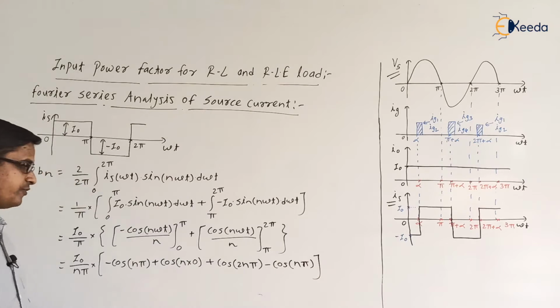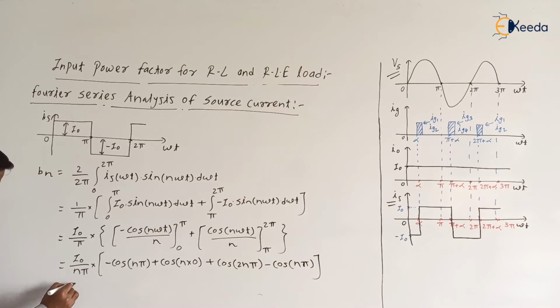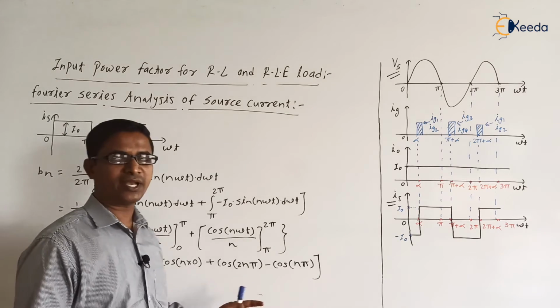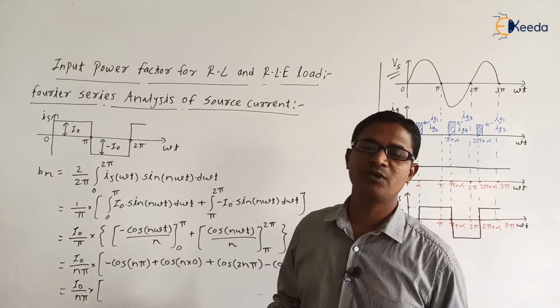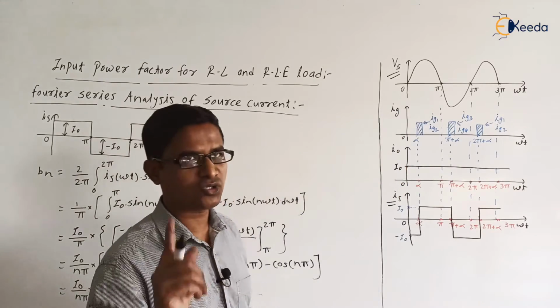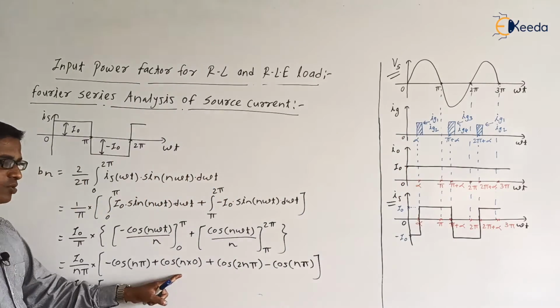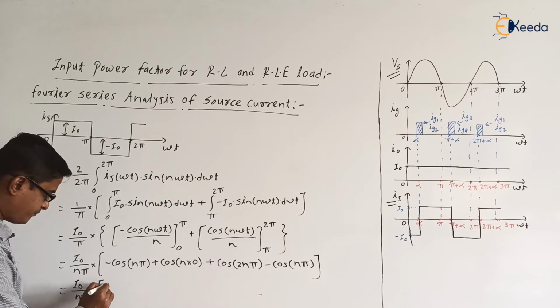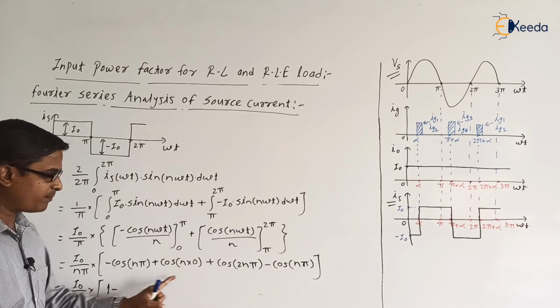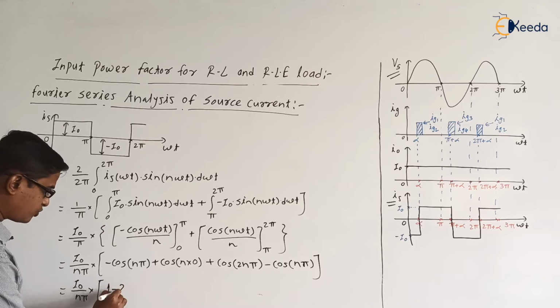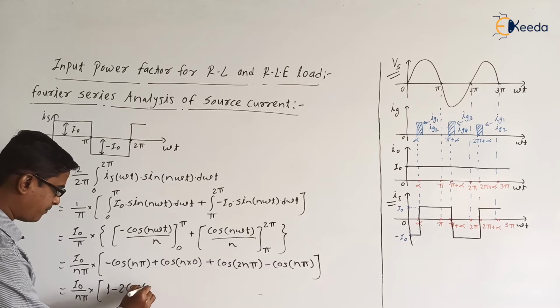So if you check here, we can write it as I0 by n pi into, cos of n into 0 for any value of n will be cos of 0. Cos 0 is 1, so this term will be equal to 1. So we can write it as 1 minus cos of n pi minus cos of n pi, so it is minus 2 into cos of n pi.